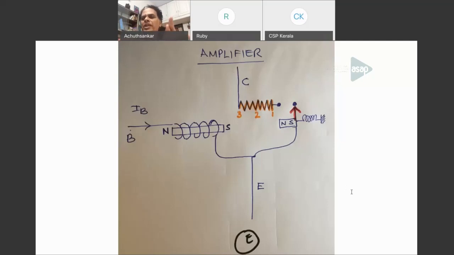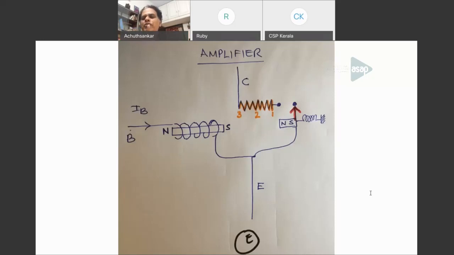But there is a problem. If you send an AC signal to the base current, during the positive cycle, the transistor will react and produce a strong signal of the same shape as the positive cycle. But in the negative cycle, there is a problem. In the negative cycle, the pointer is repelled, and therefore the transistor will not conduct and no output is received.